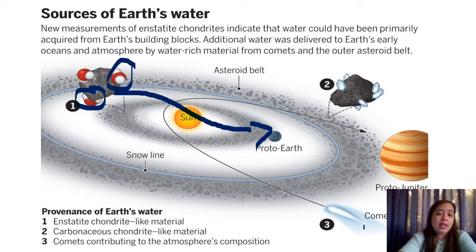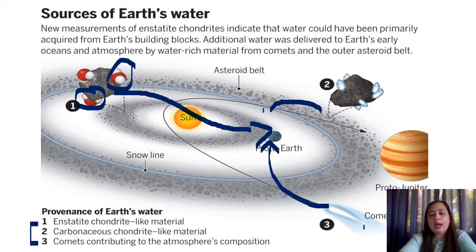Yun yung mga sa Halley's Comet. And yung kanyang pag-ikot sa proto-earth natin and pagtama niya could also bring water within. The same with your meteorites. So there are a lot of sources or provenance for the Earth's water. So, within and outside yan.